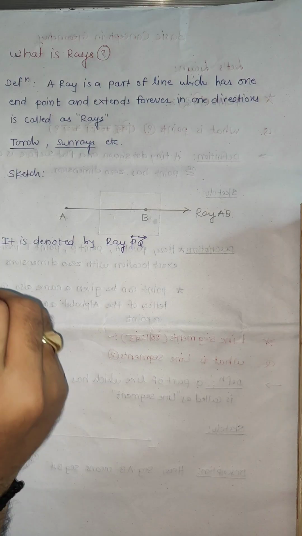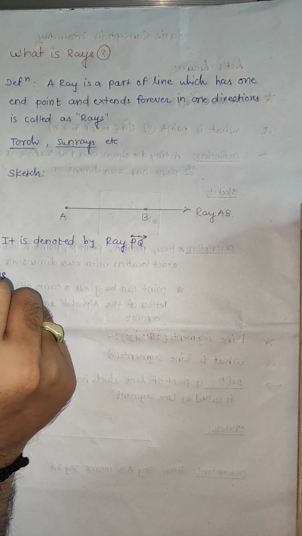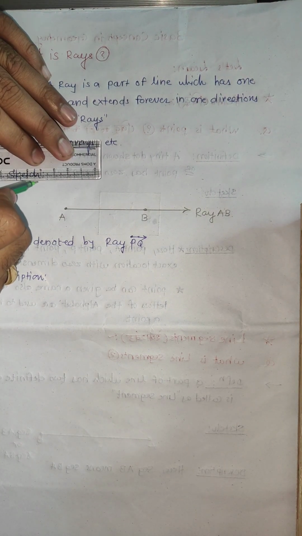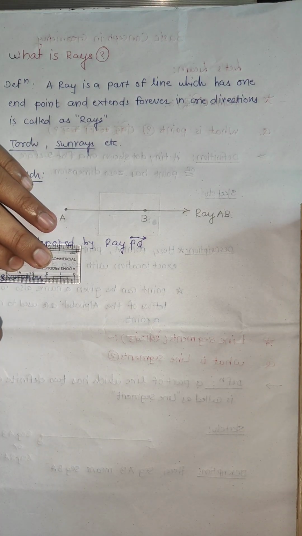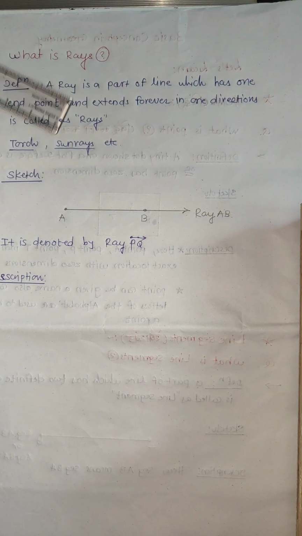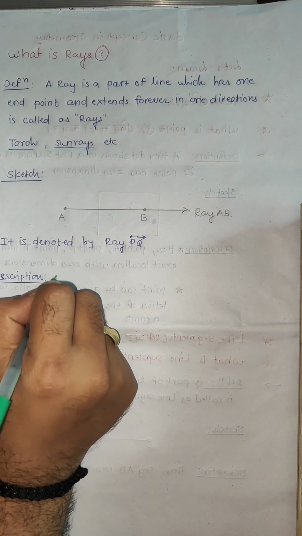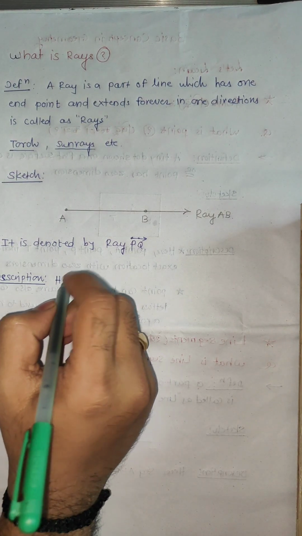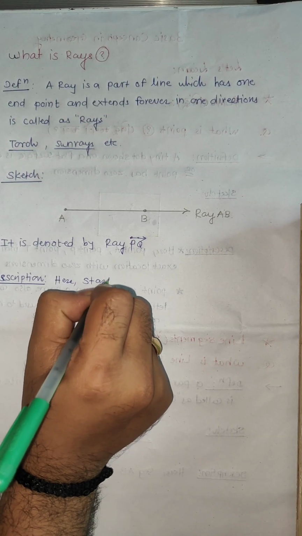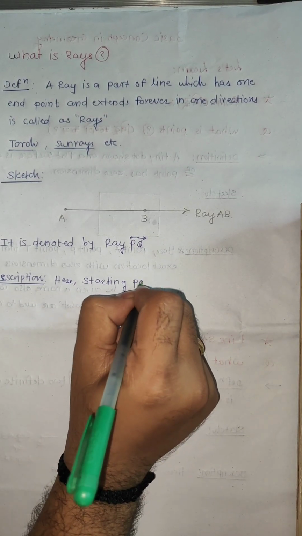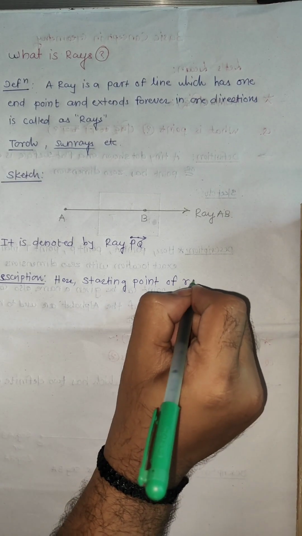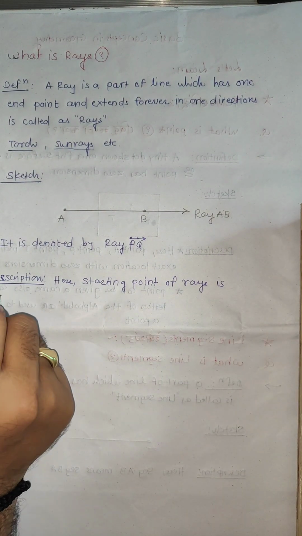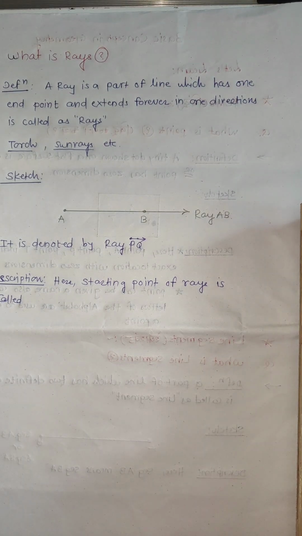The next point is description. According to the figure, this point is the sketch and this point is the description. The starting point of a ray is called its origin.